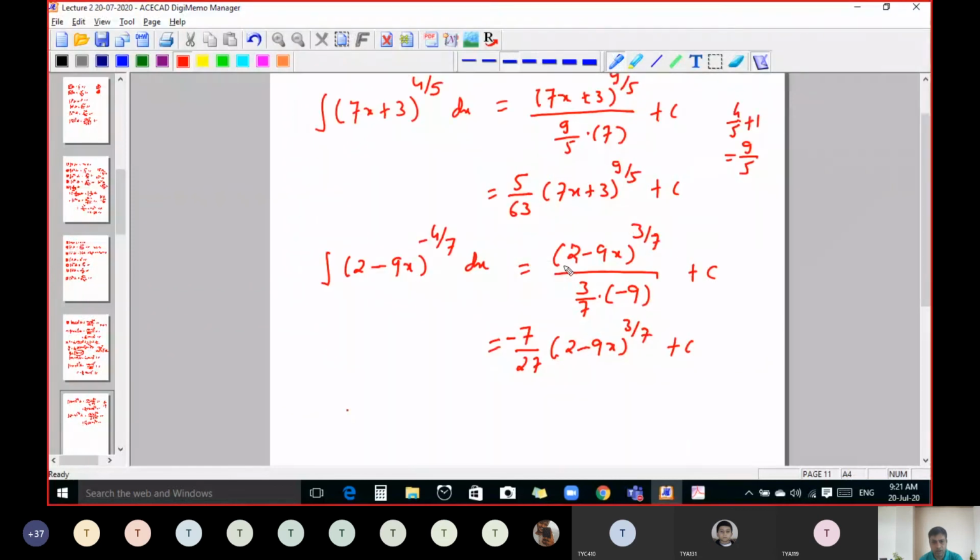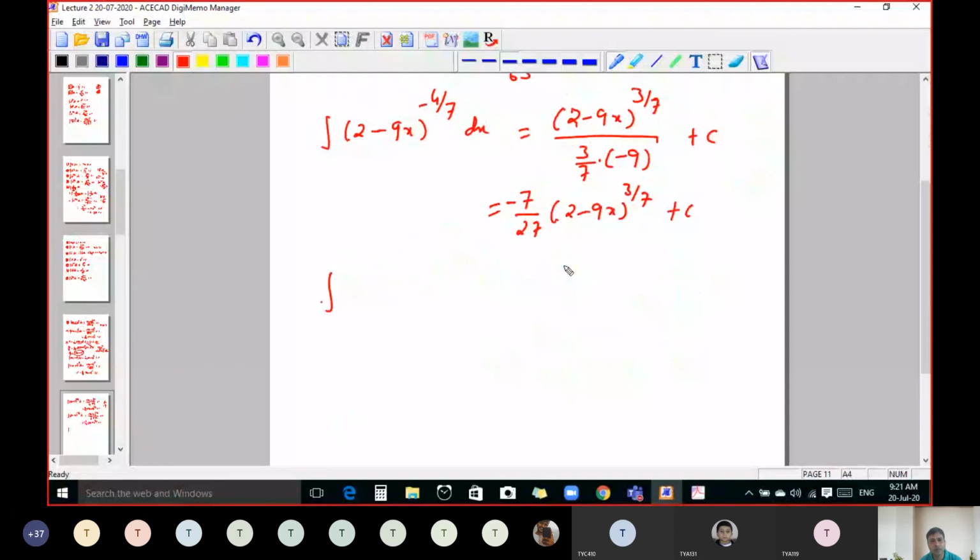One more example. See, the same example is sometimes given in a different form, and that is why it becomes more complicated. The same example you can write like this: 1 upon 7th root of (2 minus 9x) whole raised to 4. If this is the question, then it looks like a very difficult question. But if we simplify this, we know that 7th root, so you can write like this: (2 minus 9x) whole raised to 4 whole raised to 1 by 7.